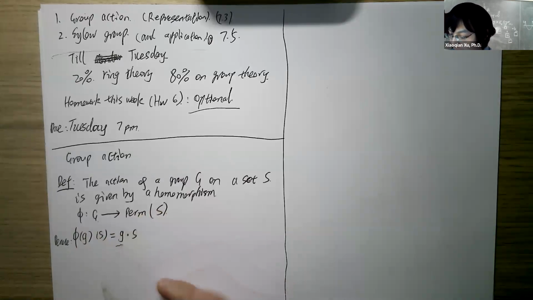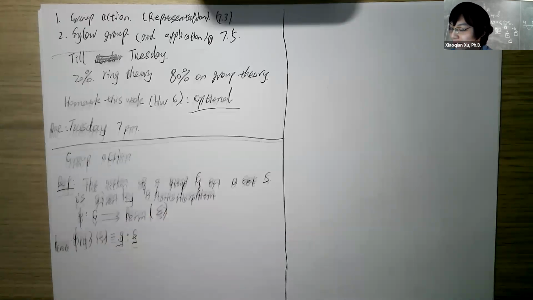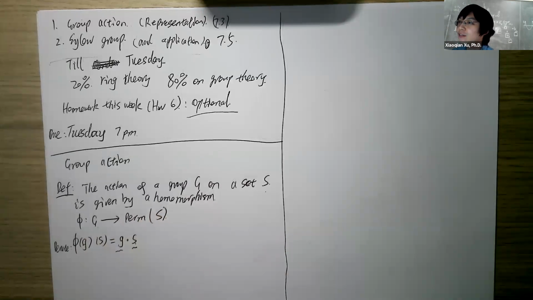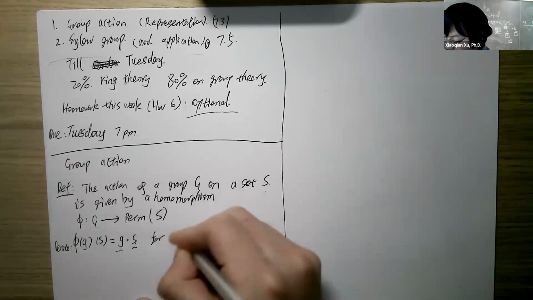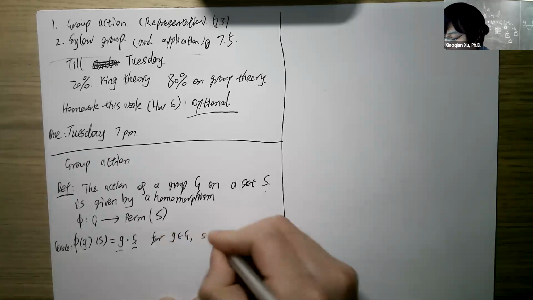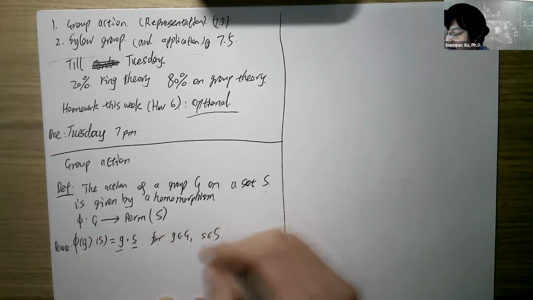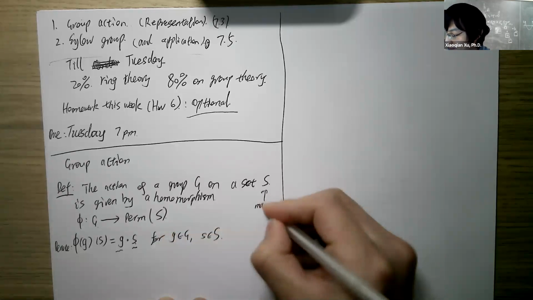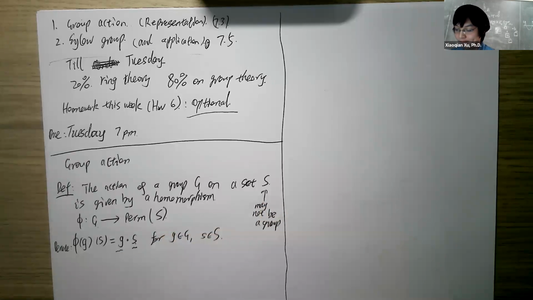It's one element of the group acting on an element of the set S. But this set S may not have any structure. It may just be some set, and S may not be a group. So this is just a notation.